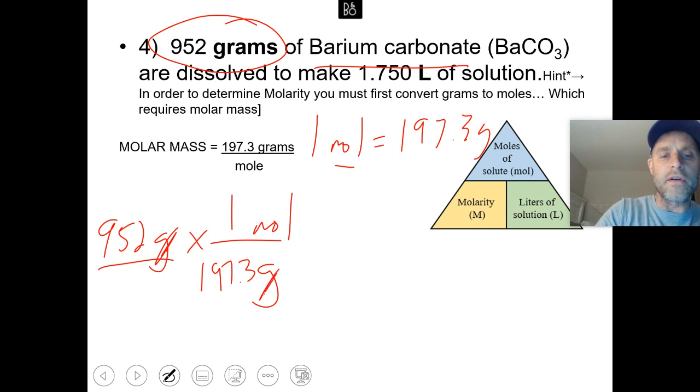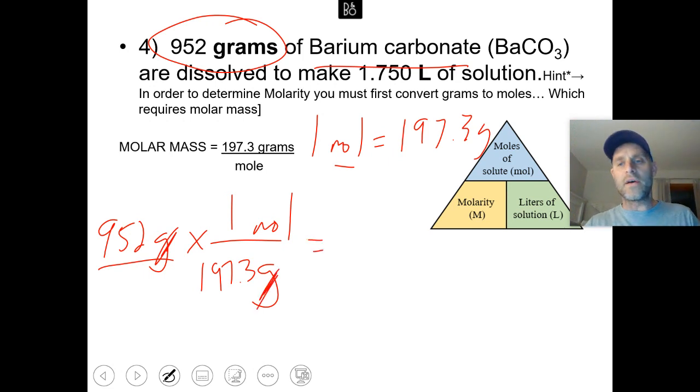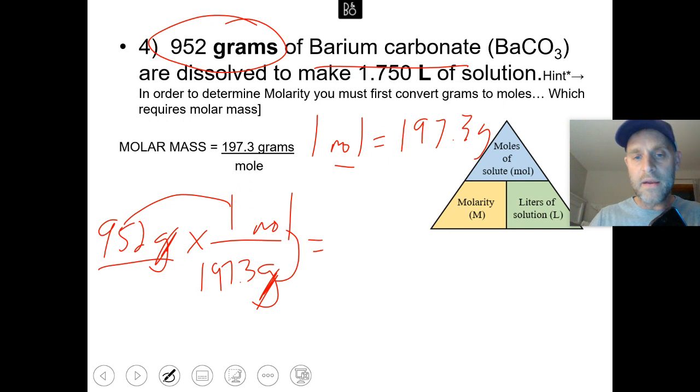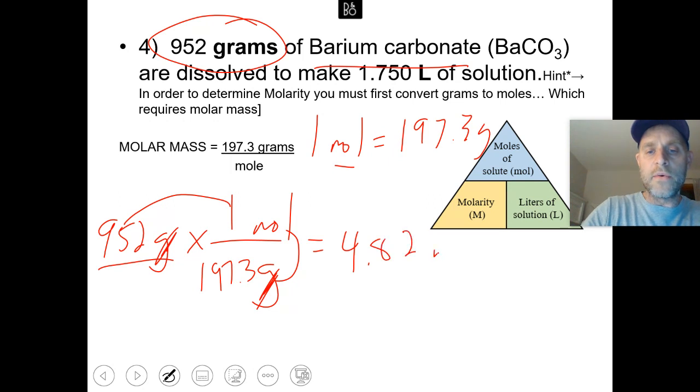Grams on top, grams on bottom. I pull up my calculator. I go 952 times 1 divided by 197.3. When I did that, I got 4.82 moles.